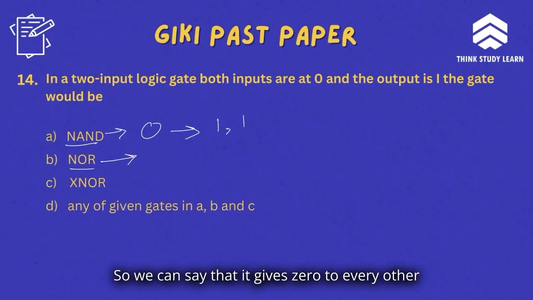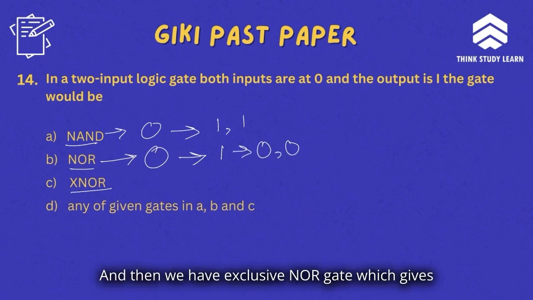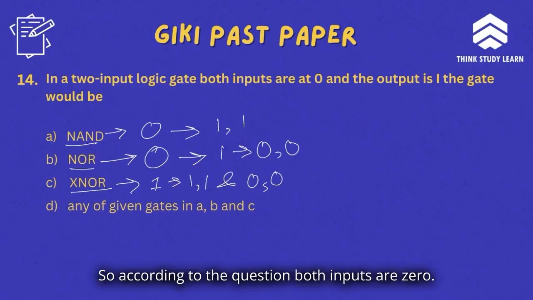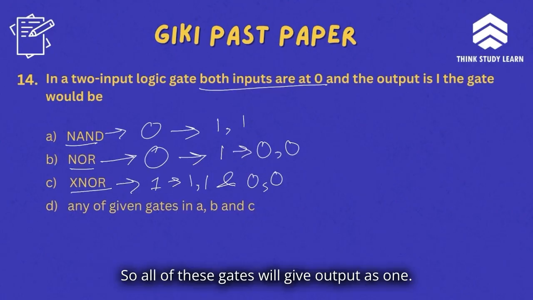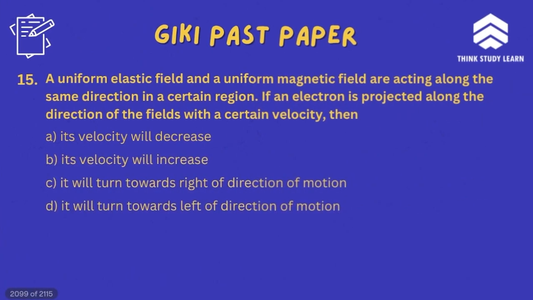So we can say that it gives 0 to every other input and 1 to the inputs when they are 0, 0. And then we have exclusive NOR gate, which gives 1 to 1 and 1, and 0 and 0 as well. So according to the question, both inputs are 0. So all of these gates will give output as 1. Therefore, we can say that D is the correct answer.